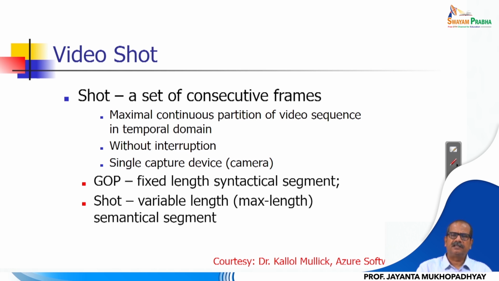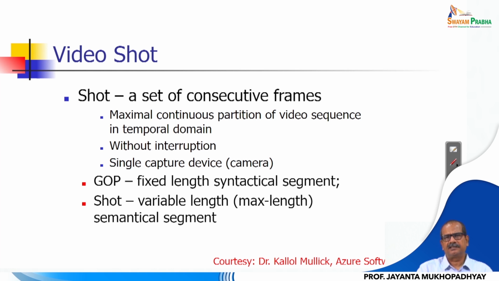Now, when we consider a shot in a particular video, let us understand why you require it. Because when videos are captured, there are various ways these videos are captured under various contexts. For example, consider a sports video which is being broadcast.